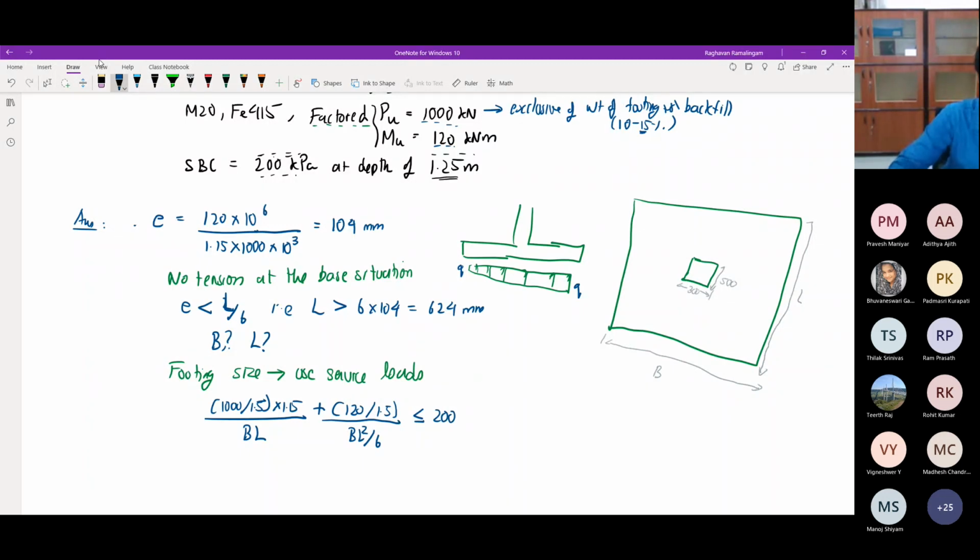What units do I use? This should be 10 power 3, in newtons and millimeters. Let's keep everything in newtons and millimeters. And this will be into 10 power 6. So 200 kilopascal means kilonewton per meter square.